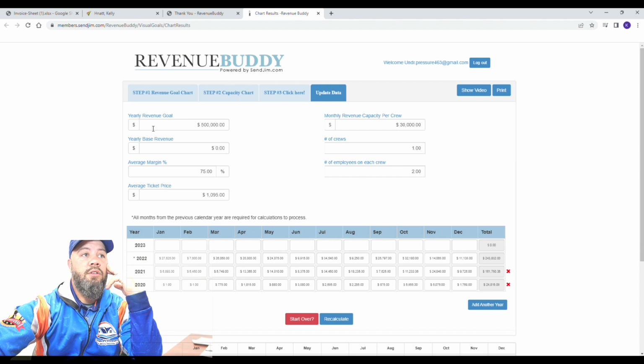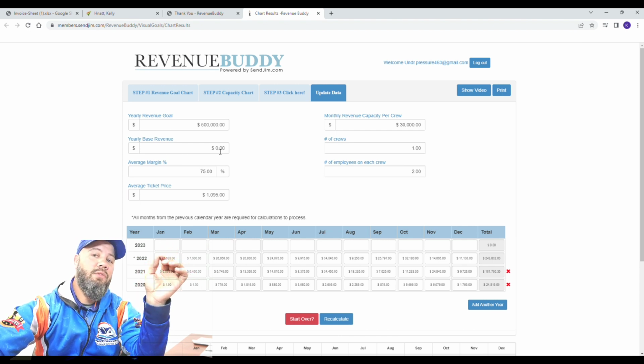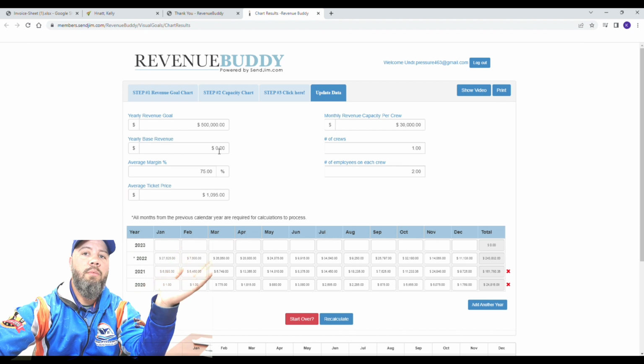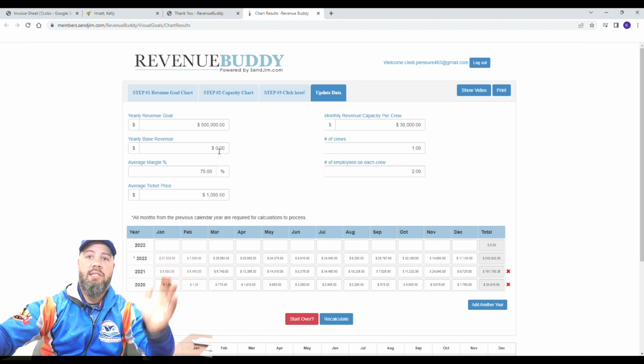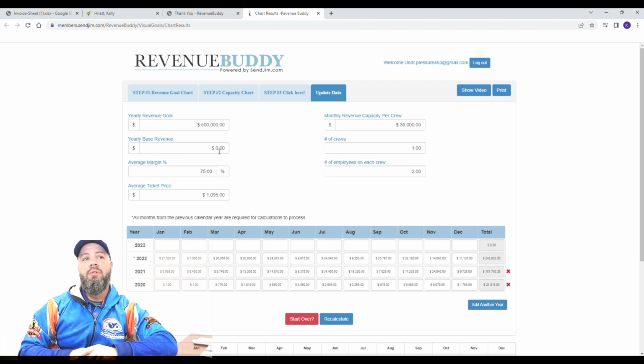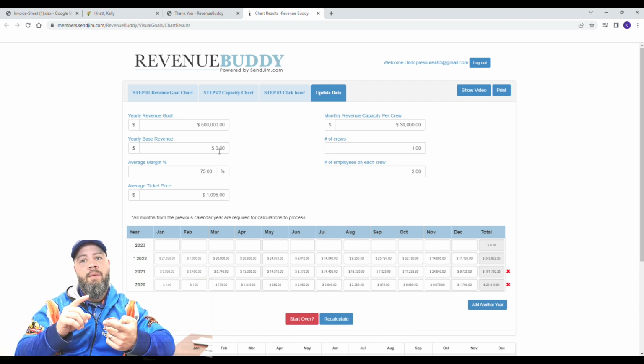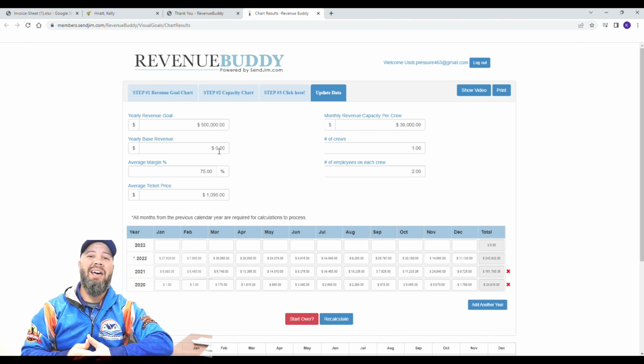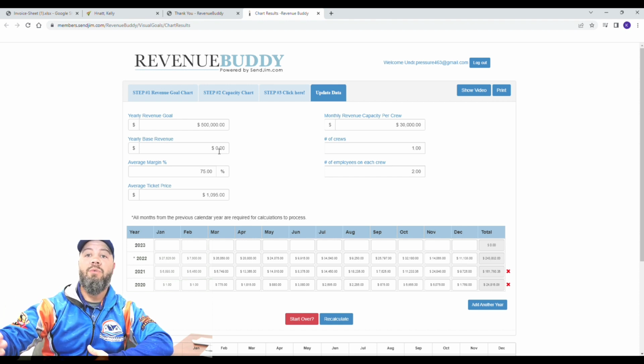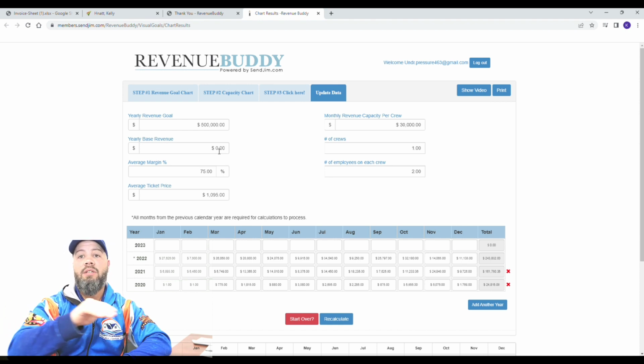Now before I jump back over to that chart, I want to show you. You'll put in your yearly revenue goal. So we put in 500,000. Yearly base revenue, you can put something in here if you want. We typically just keep it blank because with our business, we don't necessarily have any recurring revenue because we're not doing gas stations, or we're not really doing restaurants, not enough to have a significant impact that we can guarantee is recurring for us to actually give ourselves a baseline.